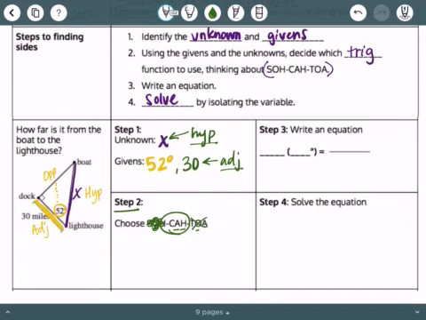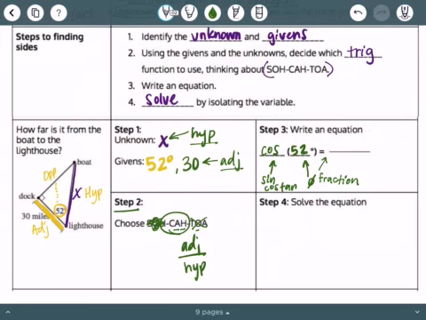Step 3 was write an equation. I always start with using either sine, cosine, or tangent here. This is going to be my angle, or my theta, and then this here is the fraction. I want to make sure that it's always in that format. So we already decided it's going to be cosine. The degrees that they gave us were 52 degrees, and we know with cosine it's adjacent over hypotenuse.